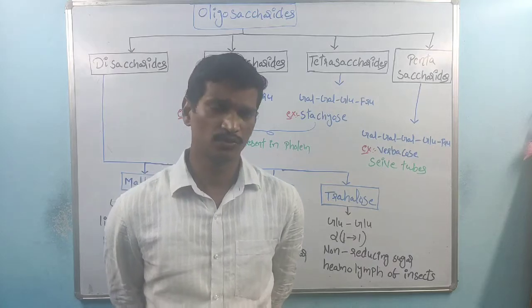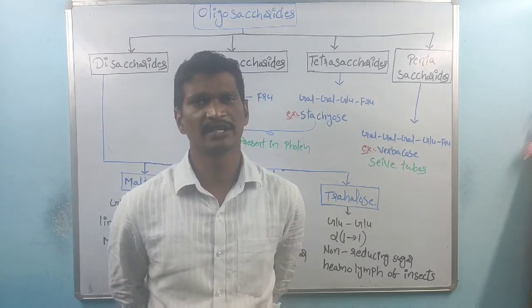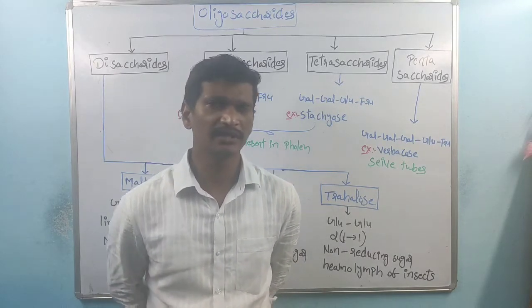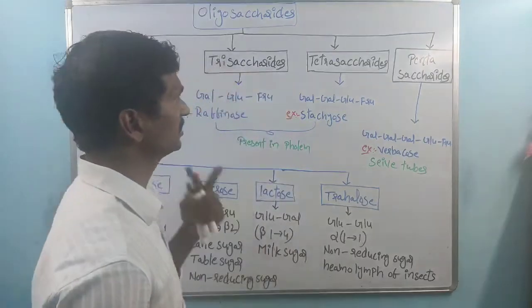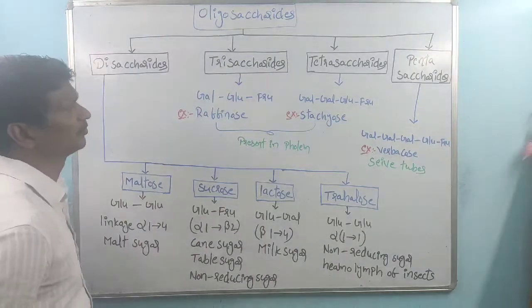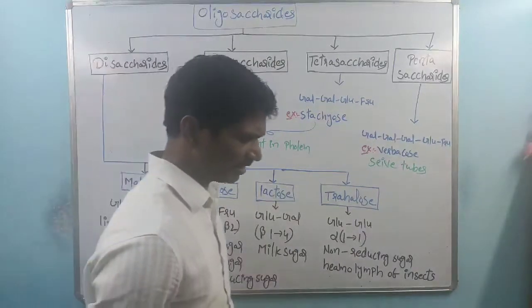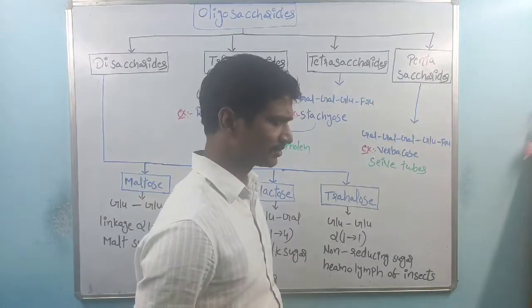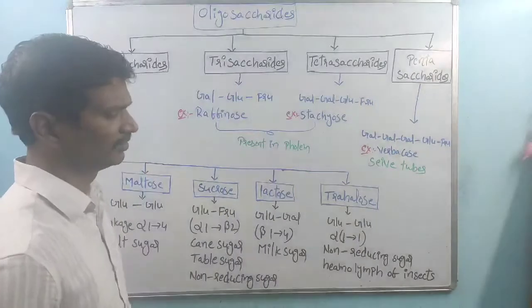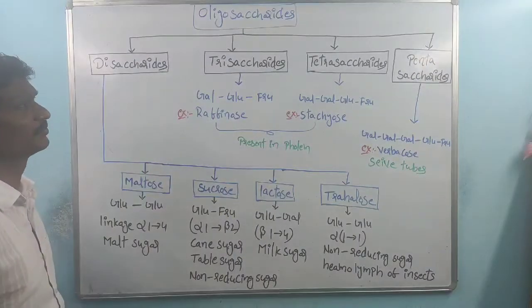The monosaccharides are linked by the glycosidic bond, which forms the glycosidic linkage. Then these form the different types of oligosaccharides.